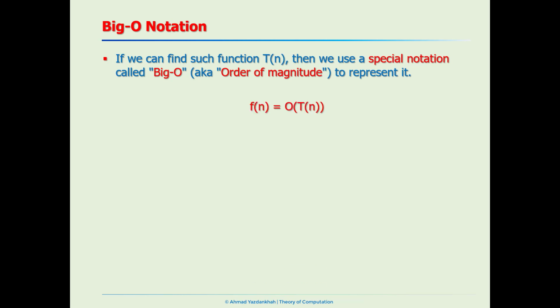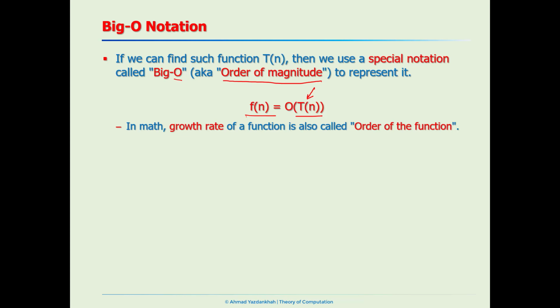If we can find a t of n with almost the same growth rate as f of n, we can approximate f of n by t of n. To show this approximation, we use this notation, which we call big O. This O comes from the order of magnitude. And actually in math, the growth rate is also called the order of the function.